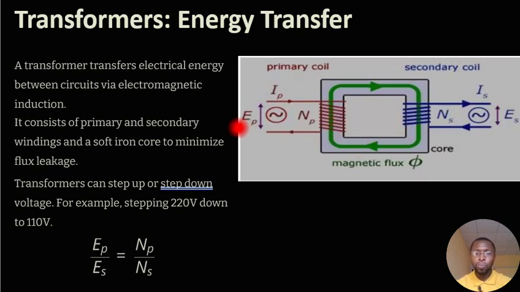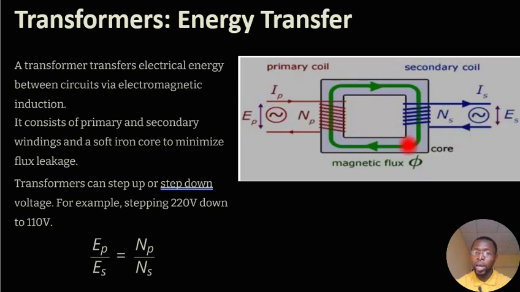Okay, so the same thing. Another way you can know the type of transformer is by the voltage. If the primary voltage, EP in this case, is bigger than the secondary voltage, then it's still a step-down transformer.